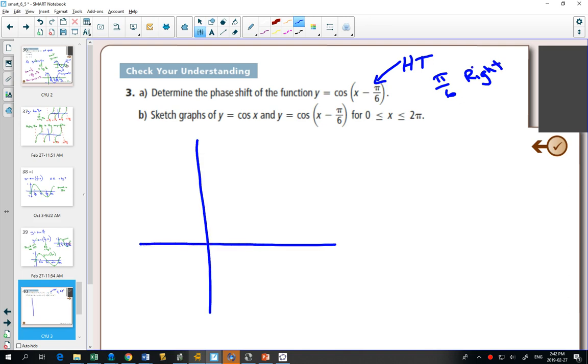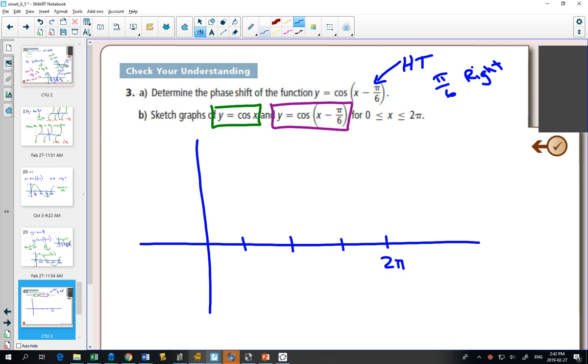So when we're going to graph these ones, we'll always start by graphing our parent function. I'll do our parent function in green and our new function in purple. Our parent function has a period of 2 pi because it's cos divided into 4 equal sections: pi over 2, pi, and 3 pi over 2.